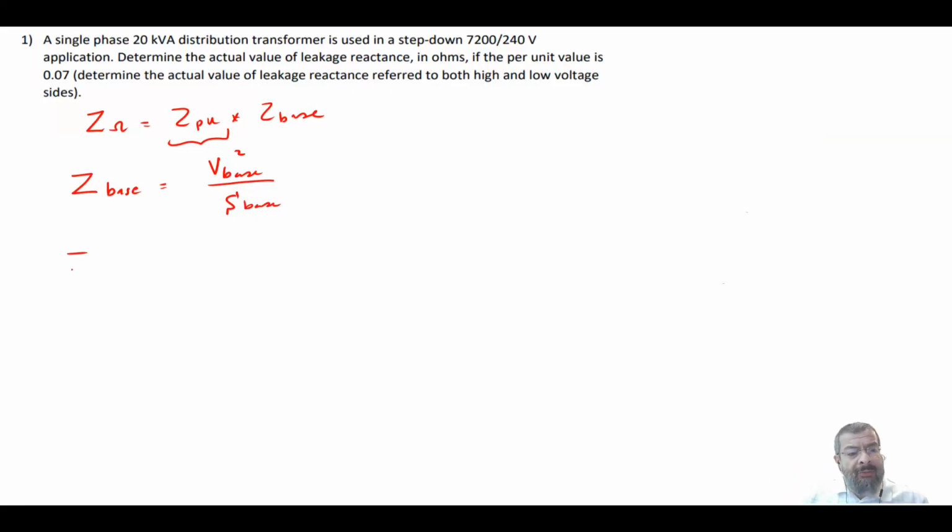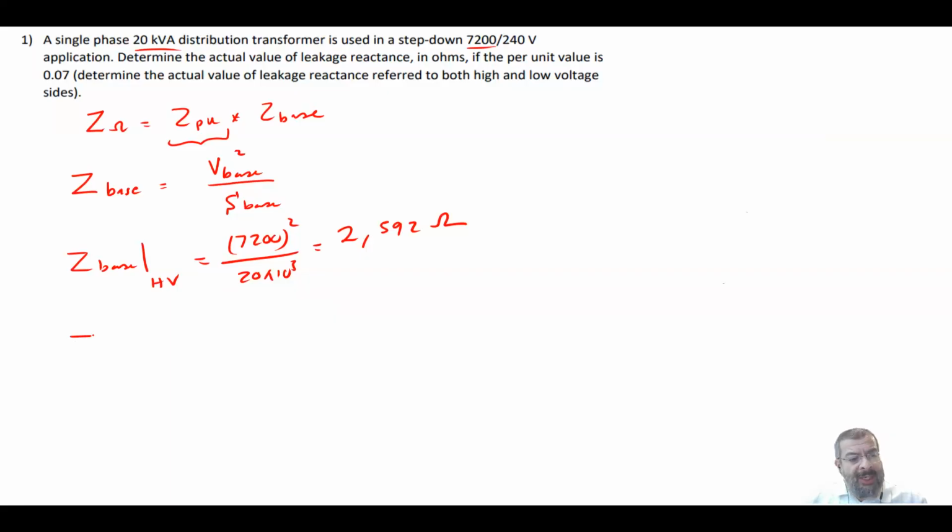Now I want to find first the Z base for the high voltage side, which is equal to the voltage at the high voltage side, 7200 squared, divided by S base, which is the rated value of your transformer, 20 times 10 to the power 3. This will give me 2592 ohms.